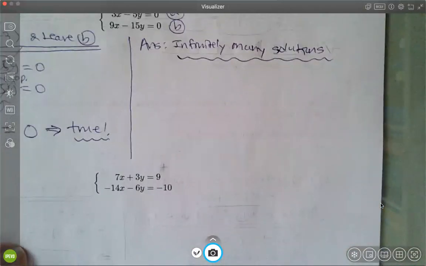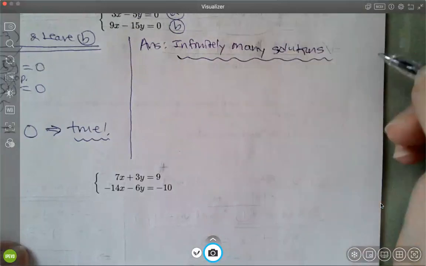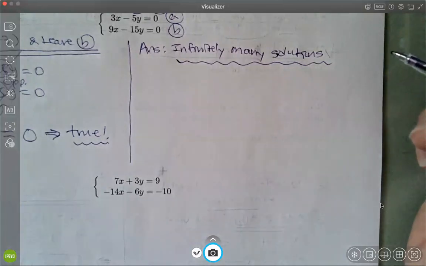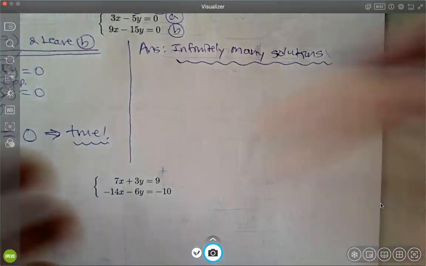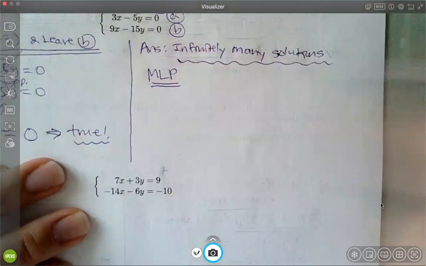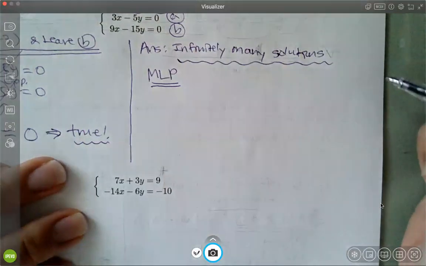Okay, now notice that I did not say all real numbers as the answer, and there's a reason. Now, although this is right, this infinitely many solutions, there is a way that MyLabs Plus wants you to express it in this case. Okay, so here is the MLP way, which is kind of annoying, but it makes sense.